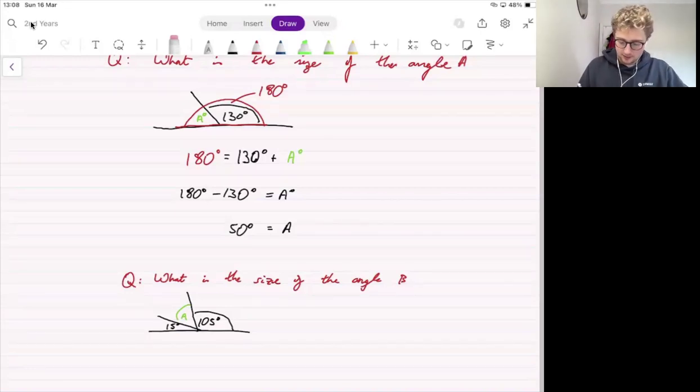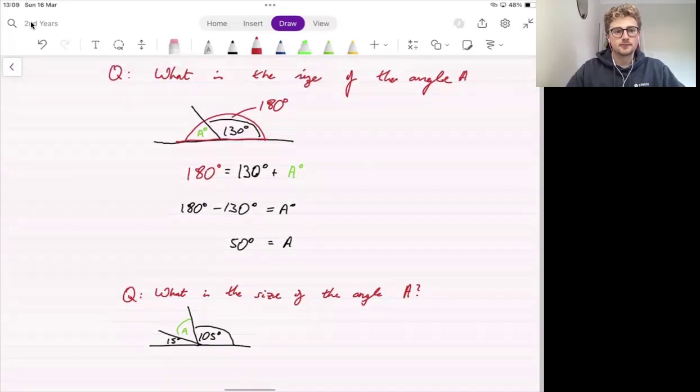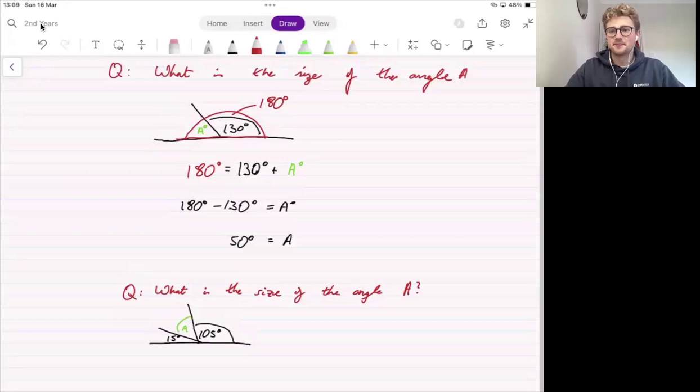Sorry, that should say what is the size of the angle A, not the size of the angle B. First year maths, yeah, first year maths. I'm just using the second year notes. So you guys will be in second year in what, 8 weeks, 9 weeks? 9 weeks until you guys are in second year.